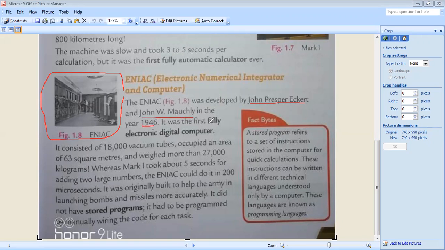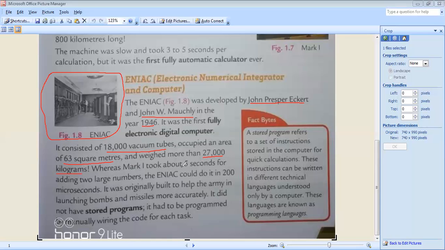It was the first fully electronic digital computer. It consisted of 18,000 vacuum tubes, occupied an area of 63 square meters and weighed more than 27,000 kilograms.